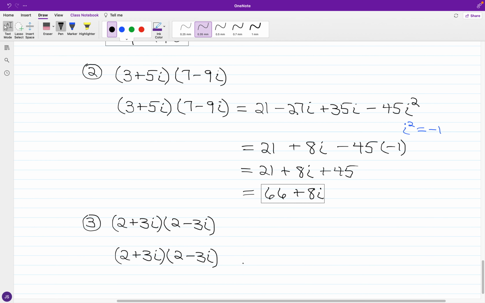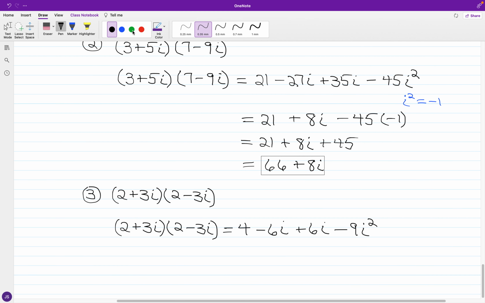Okay, so if we take the FOIL, we got 2 times 2 is 4, 2 times negative 3i is a negative 6i, 3i times 2 is going to be a positive 6i, we got 3i times negative 3i, so this will be a negative 9i squared.